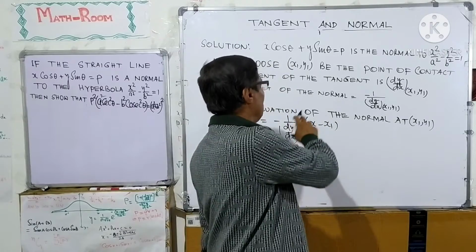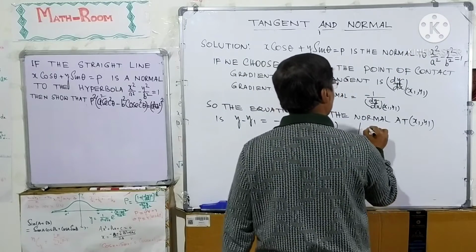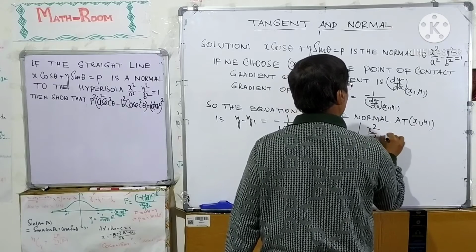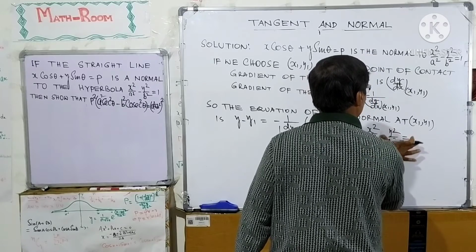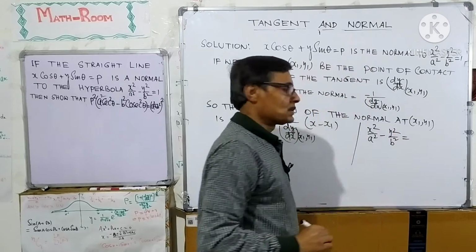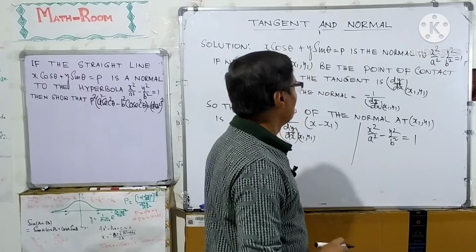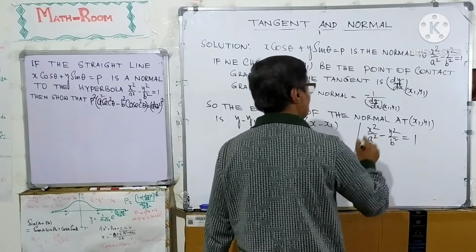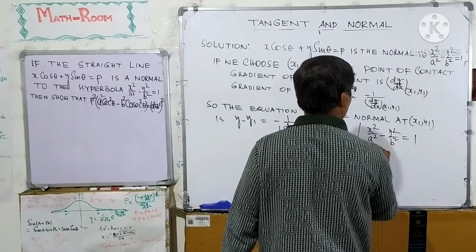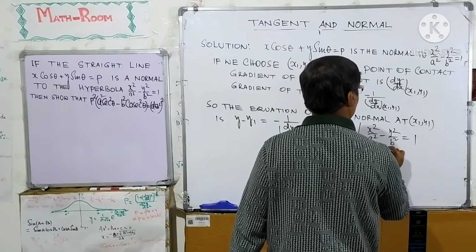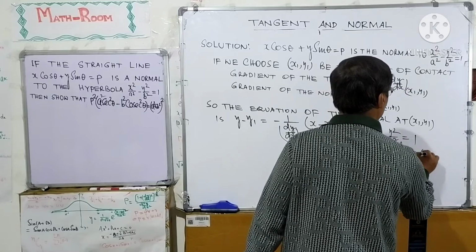Also we can find out dy dx at x1 y1 from this curve. The equation of the curve is x square over a square minus y square over b square equal to 1. We can differentiate both sides of this equation of the curve with respect to x. We get 2x over a square minus 2y over b square dy dx equal to 0.